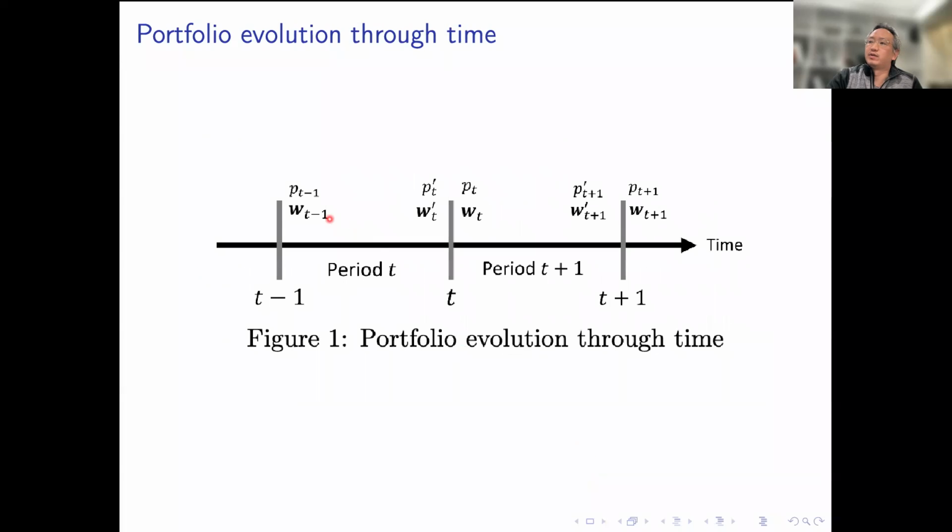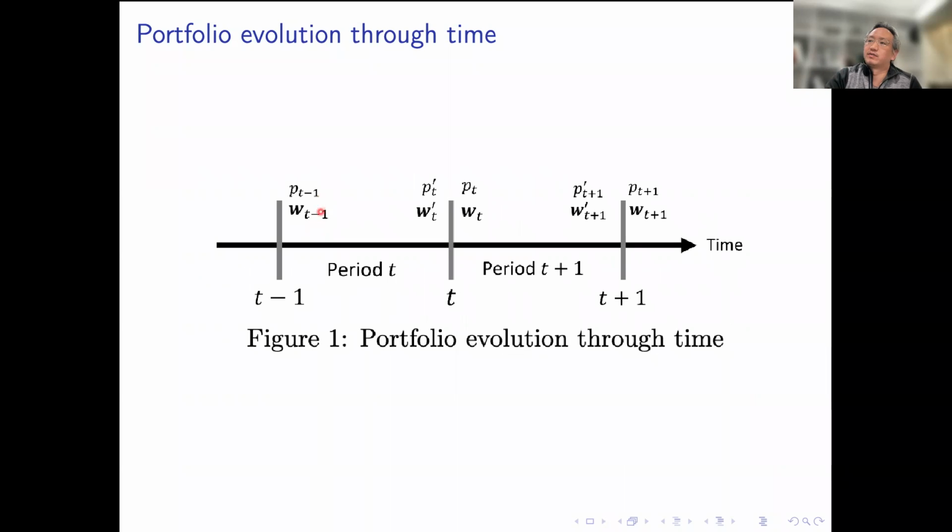This gives a summary of our problem formulation. At the beginning of every period T, we start with P_{T-1} as our portfolio value and W_{T-1} as the beginning weight, the wealth distribution across different assets.